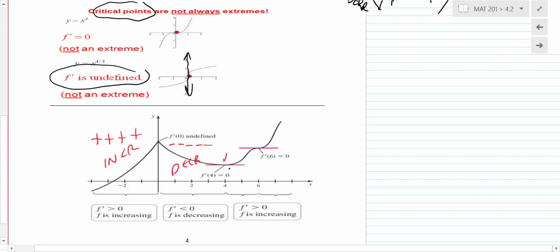Then you would start having a positive derivative again. Then you would level off where you have a zero slope, and then you would be positive again. So if you did a sign chart on this problem, it would go positive, negative, positive, positive. That's how that would go. So you want to be able to tell from a graph how the sign chart would look. That's pretty important.